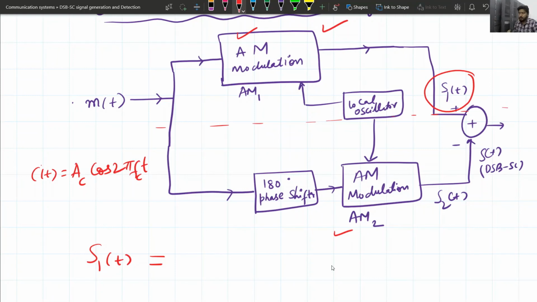The local oscillator generates the carrier frequency that is applied to both the amplitude modulators, and we have already studied the amplitude modulated wave generation, so we are just representing this in terms of block diagram.